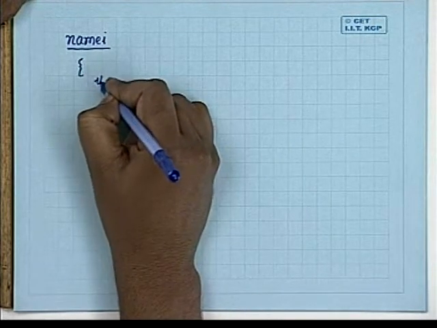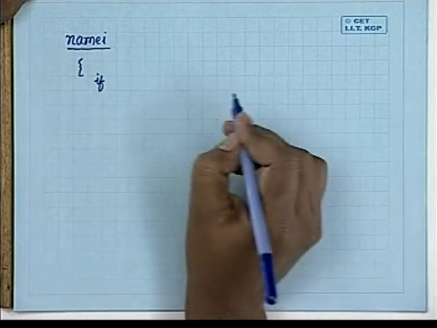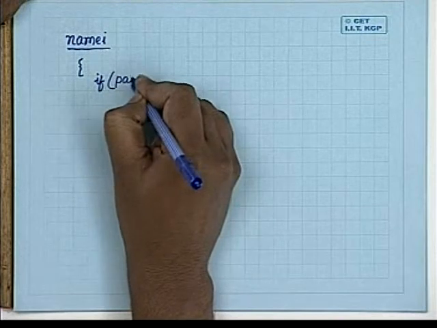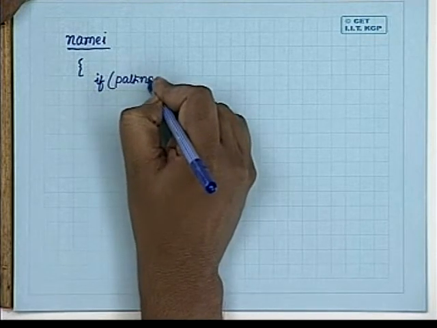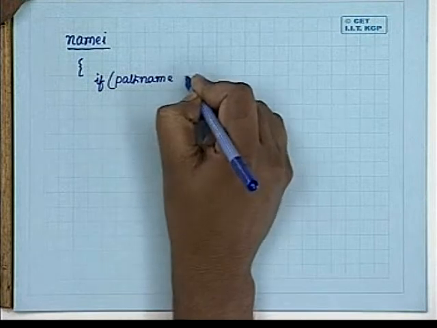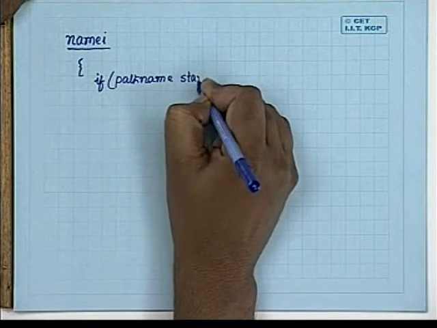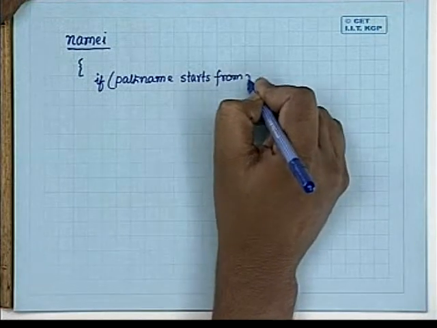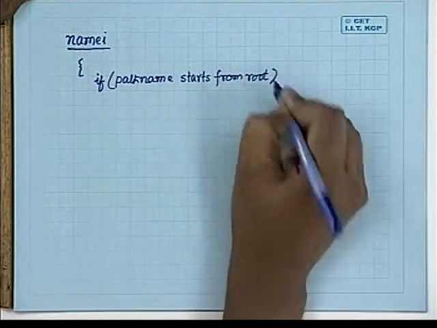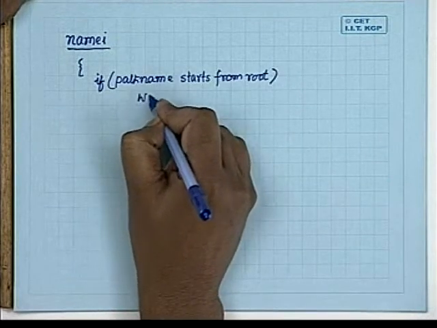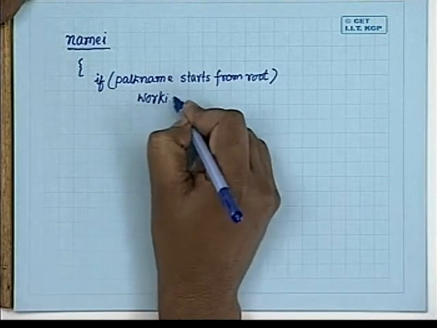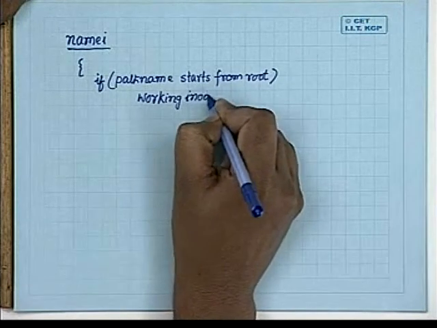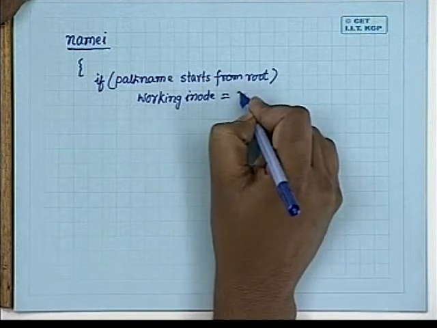First we have to check whether it starts from root or it is in the current directory. So if path name starts from root, then we say working inode is equal to root inode.